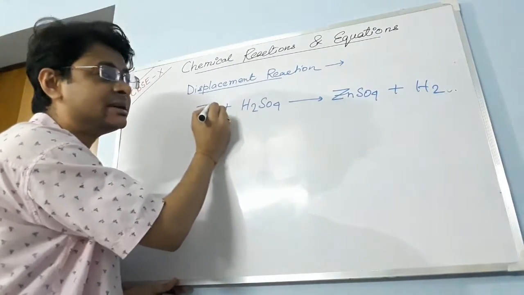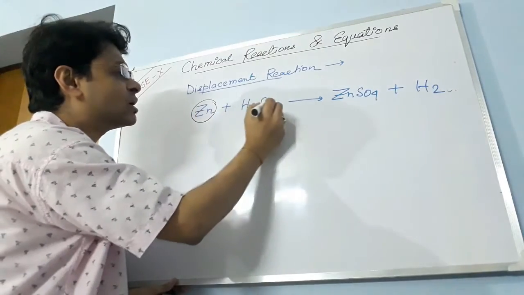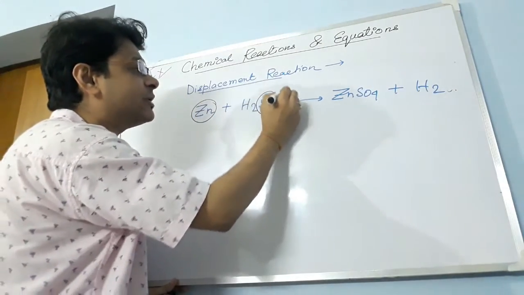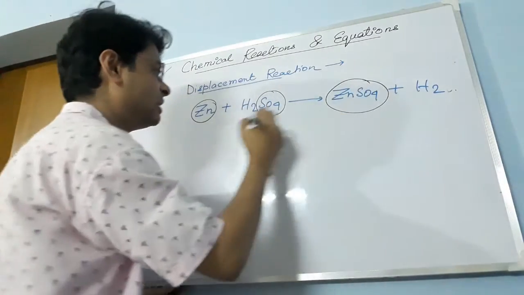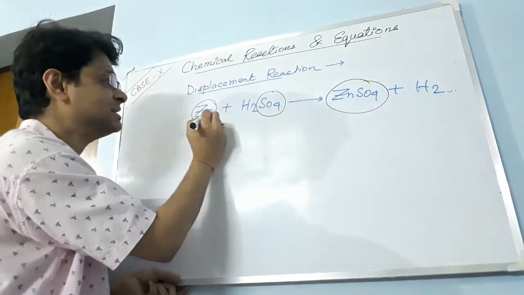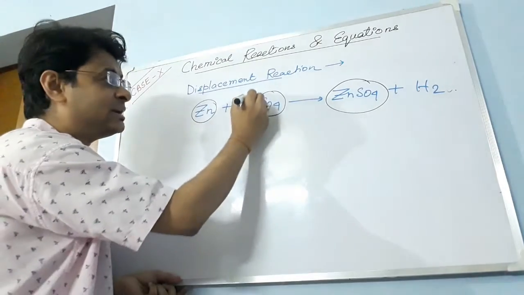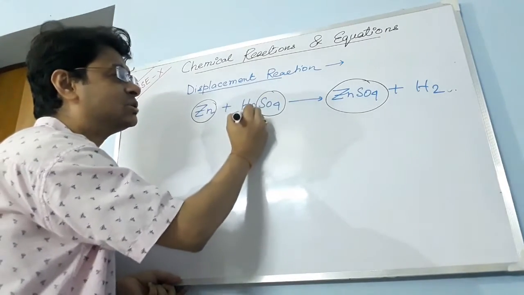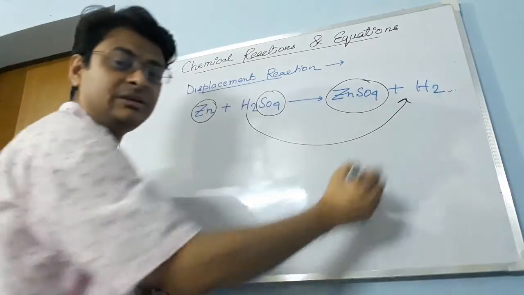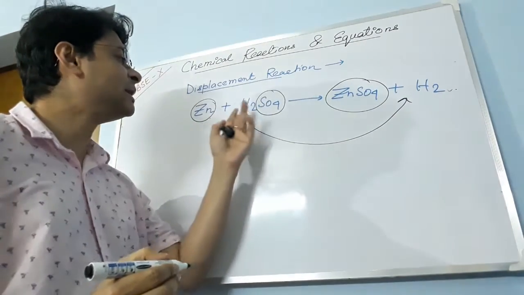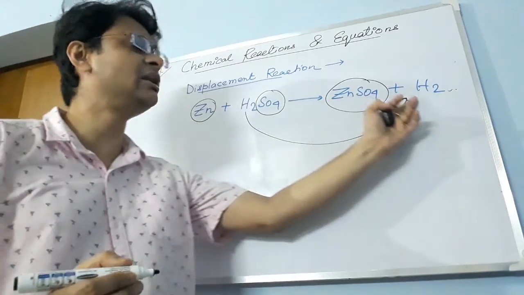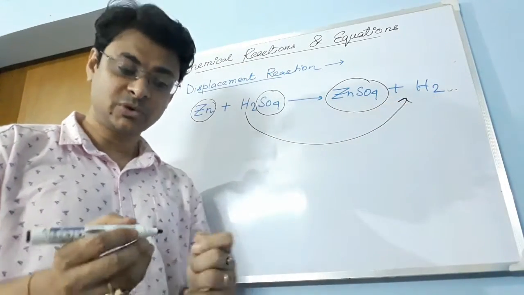This metallic zinc combines with this radical of H2SO4 and forms zinc sulfate over here. And also this zinc eliminates this hydrogen here. So it reacts with this compound and displaces the positive radical to its elementary form. Okay.